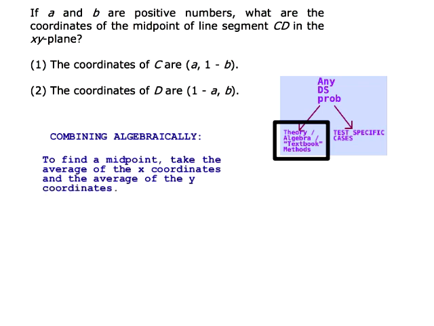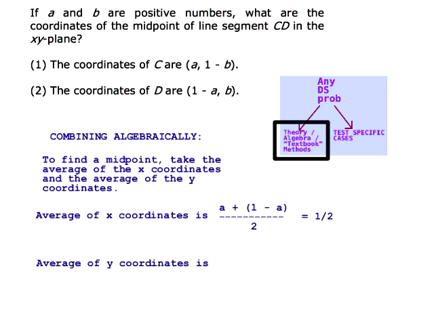So the average of the x coordinates, you just add those up and you divide by 2. So add A plus 1 minus A and divide by 2. So that gives you 1/2, because the A's just cancel.